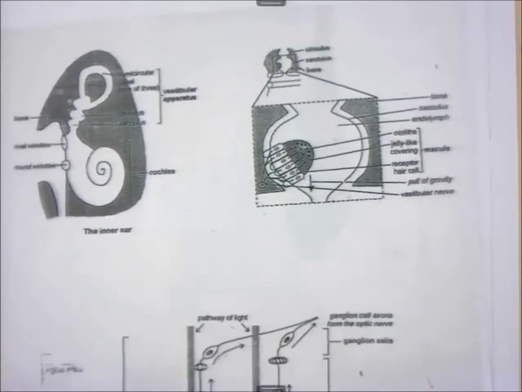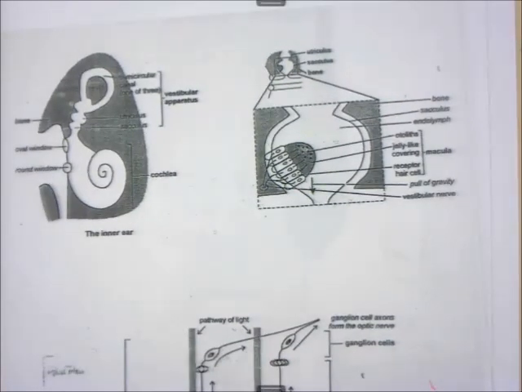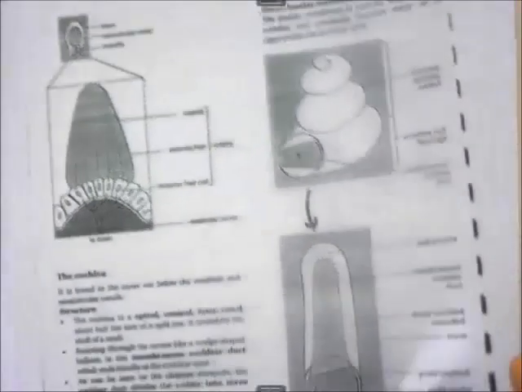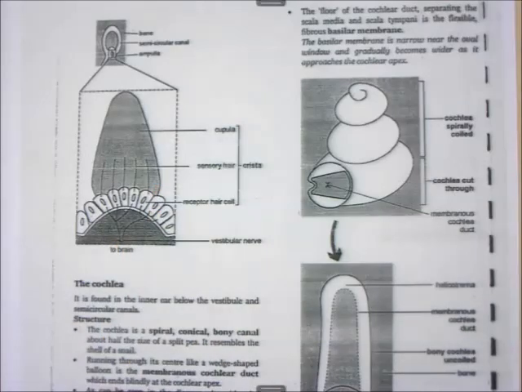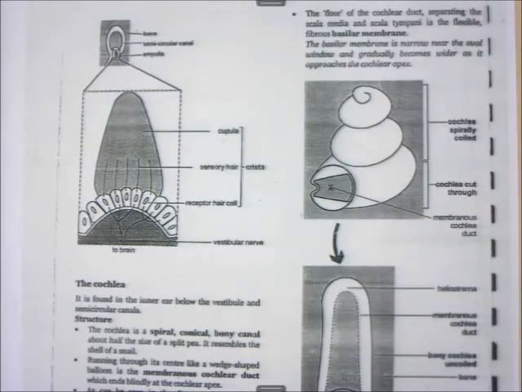And then in the ear, we do have a receptor which is called a crista. This crista helps to register the movement of the head, just like when you turn your head either to the left or to the right.